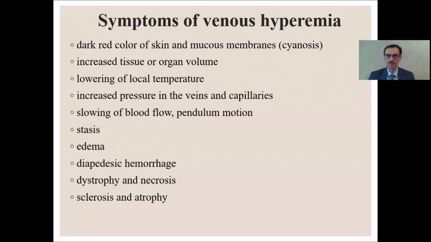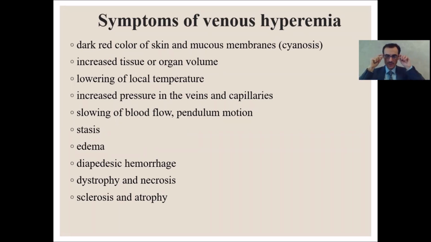The symptoms are in contrast to active hyperemia. Here is a dark red color of skin and mucous membranes, which we call cyanosis. Increased tissue or organ volume, low local temperature, increased pressure in the veins and capillaries, slowing of blood flow, stasis, edema, and diapedesic hemorrhage.